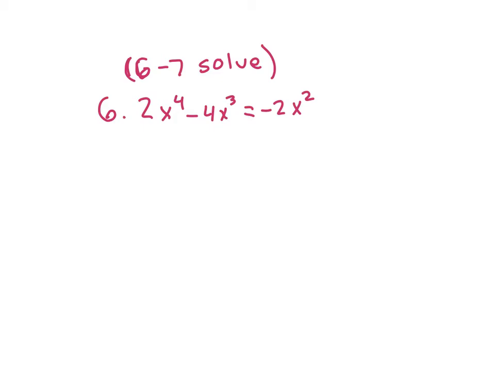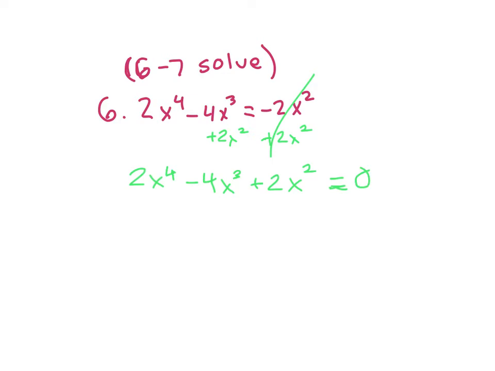So we're going to add it on both sides. So we have 2x to the 4th power minus 4x cubed plus 2x squared, and that's equal to 0. What do we do next?